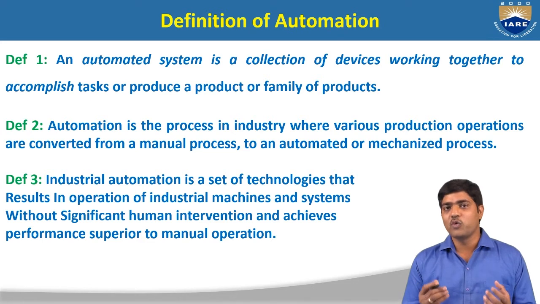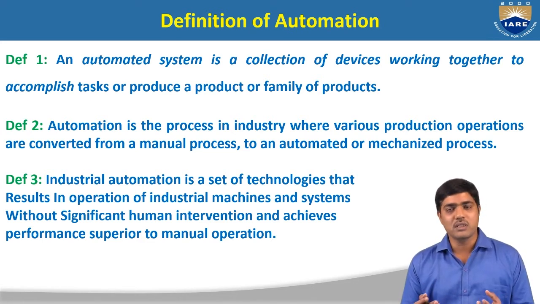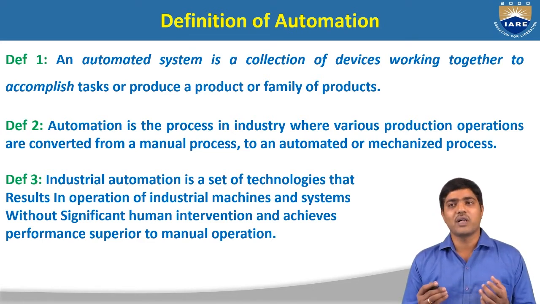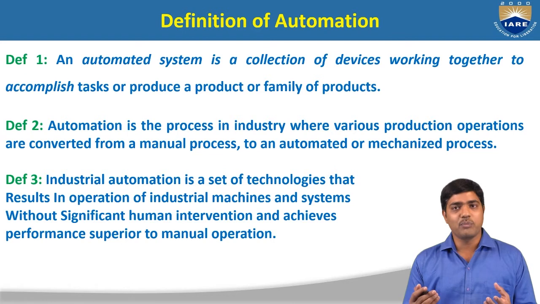Whenever you move from manual to automated processes, there are a lot of advantages. Suppose you are going to make 100 products with human beings; they may not make all 100 products in a similar manner. Why?